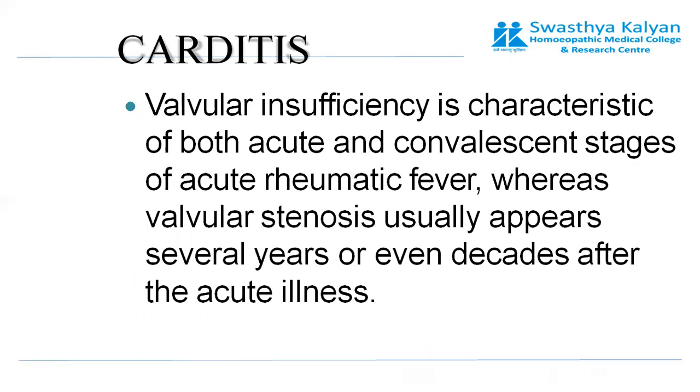And it is very interesting because here establishing the history of the patient becomes very difficult. The person has to remember that they suffered from recurrent sore throat or an episode or two of sore throat, and after decades of that episode, the person is observing carditis. It's very rare.